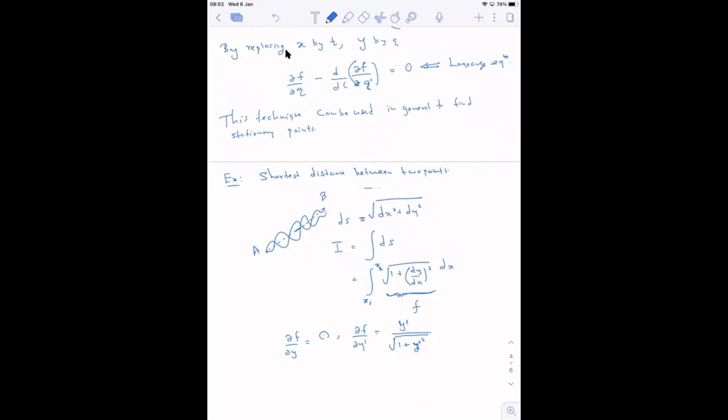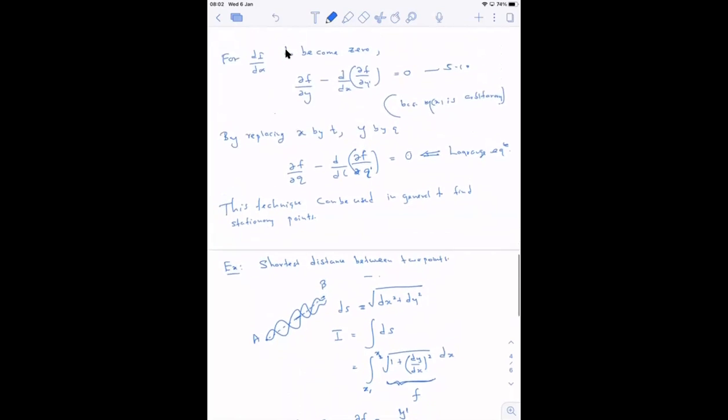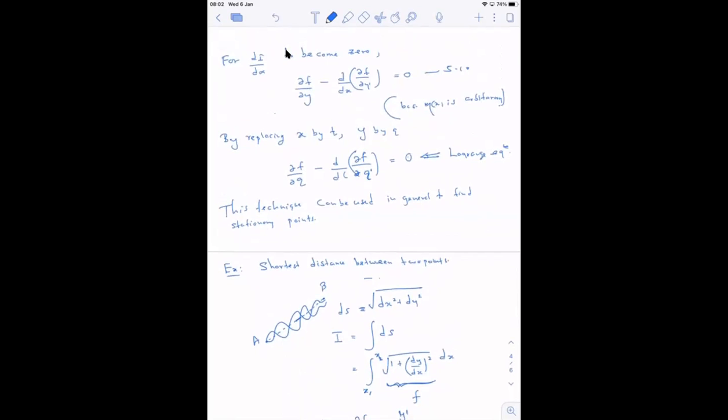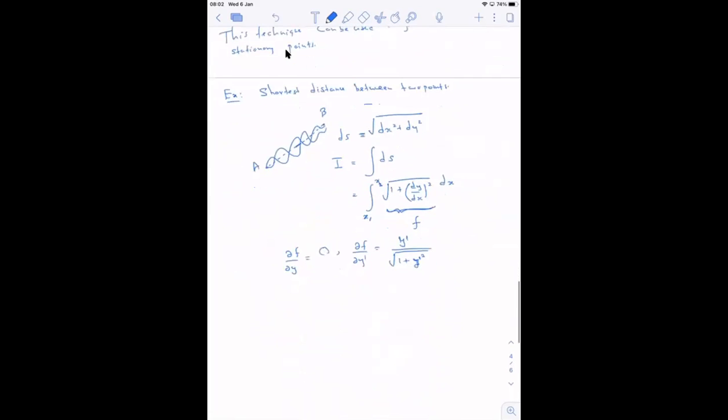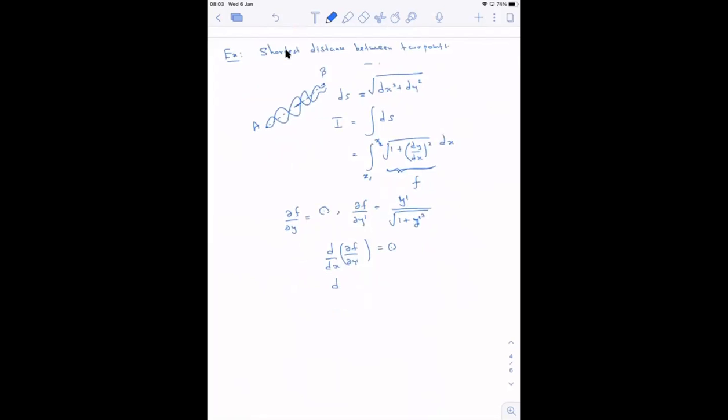Now the equation that we have at the end is equation 5.10. In that, ∂f/∂y is 0. So what we have is d over dx of ∂f/∂y dash, which should be equal to 0.